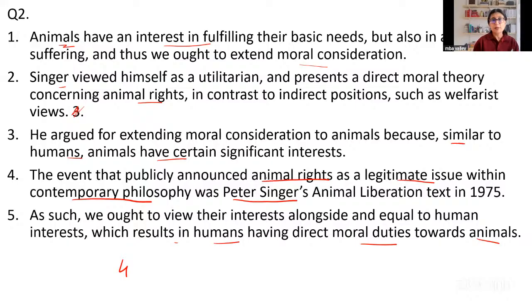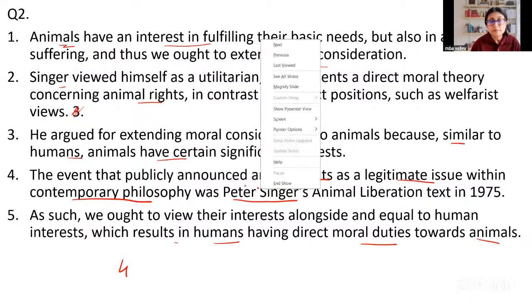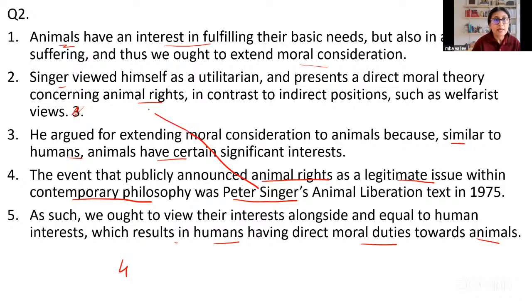Now from here, because we have spoken about Peter Singer, from here we go to sentence number 2. Dekho, from Peter Singer, we go to sentence number 2, which is Singer viewed himself as a utilitarian and presents a direct moral theory concerning animal rights in contrast to indirect positions such as welfarist views.